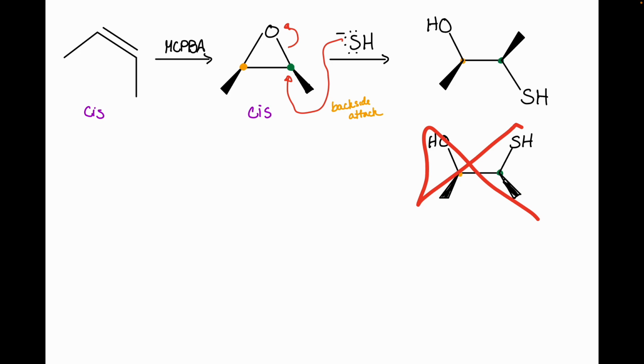All right, so let's do another one here. We're going to go from scratch. First you're going to take this alkene and treat it with MCPBA, and then you're going to treat it with one of our cyanide ion nucleophiles.